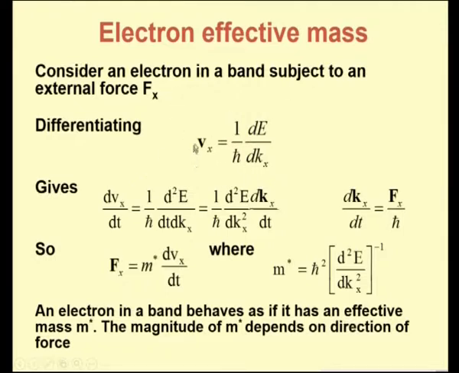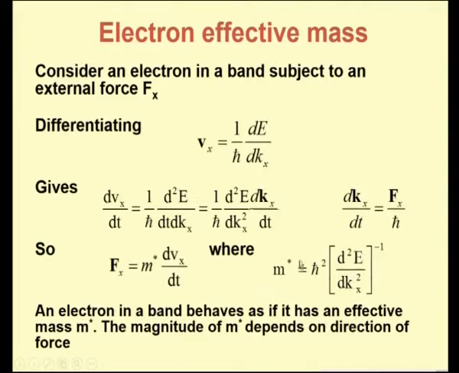In the effective mass formulation, velocity is obtained like this, and the time variation of velocity is the acceleration, and this can be calculated to get the force like this. And so we can get the mass quantity related to the second derivative of energy with k like this.